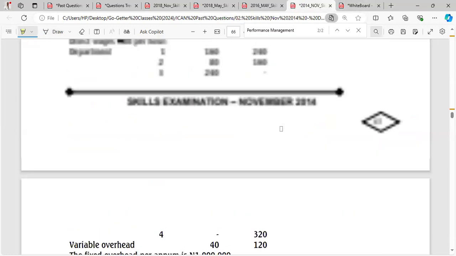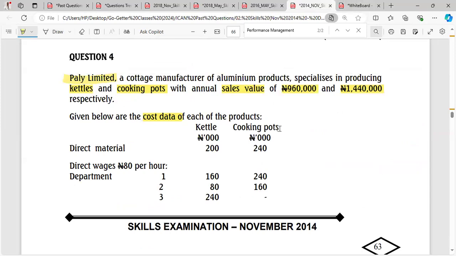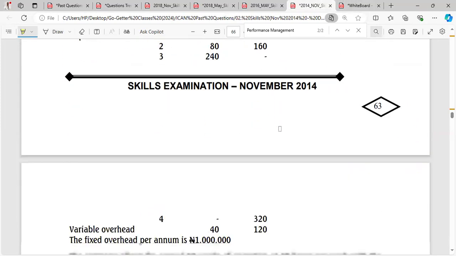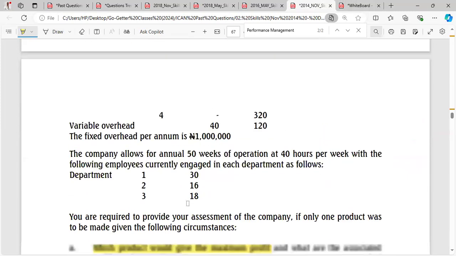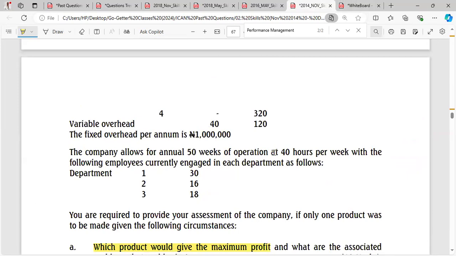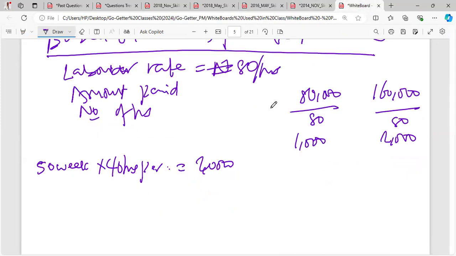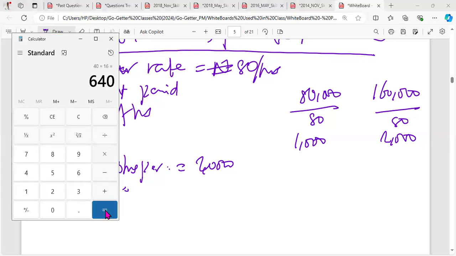Just a moment. 40 times 16, that gives us 640.